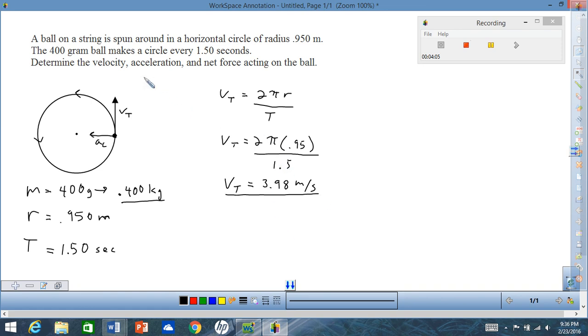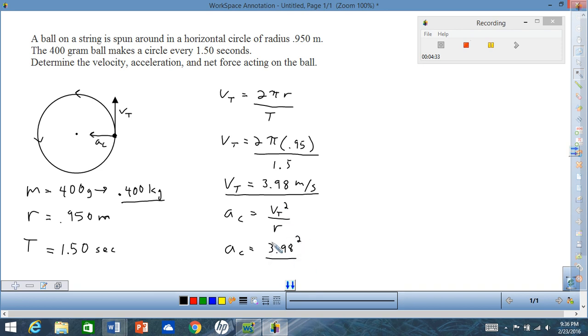Next on tap is the acceleration. That is going to be the centripetal acceleration, because it's acting toward the middle, and that will be found by taking our tangential velocity, squaring it, and dividing by the radius. I'm not actually going to use my rounded value. I'm going to pull down the previous answer on my calculator.